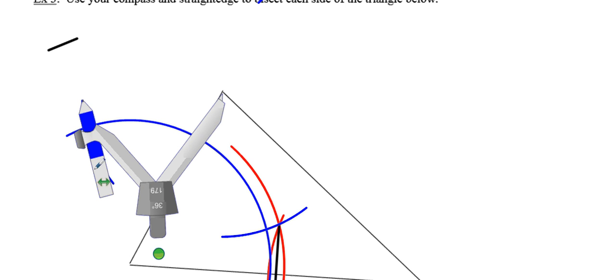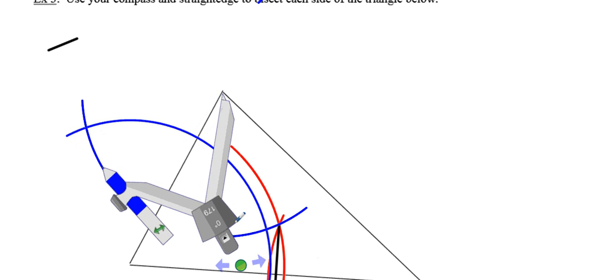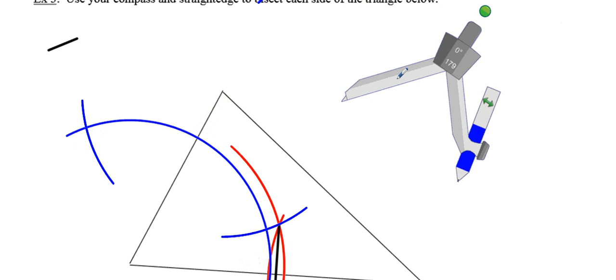So my blue arcs now are for the left side of my triangle. I'm going to use my compass or my straight edge to connect where the blue arcs intersect. That segment would therefore be the perpendicular bisector for the left side of my triangle.